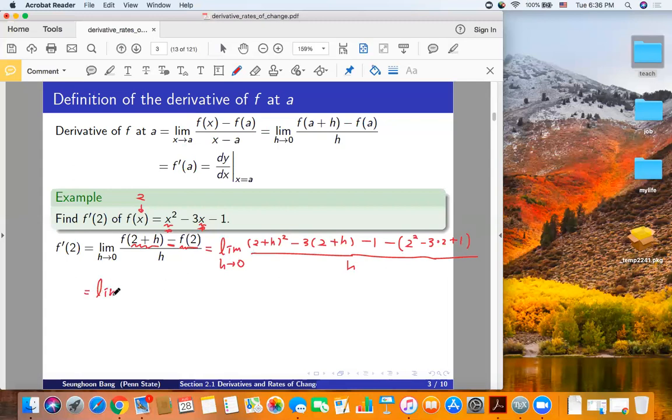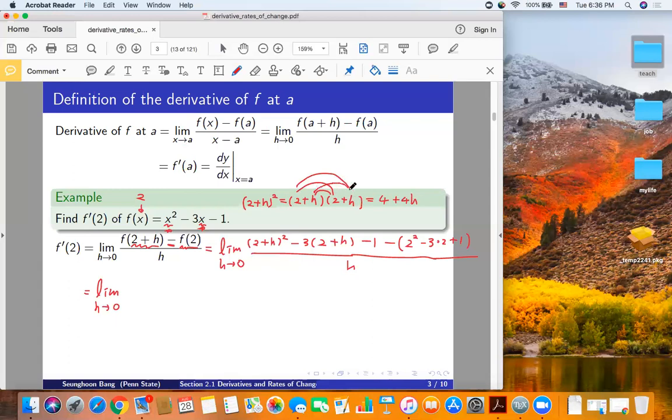Limit as h approaches 0. 2 plus h squared is 2 plus h times 2 plus h. I want to use the FOIL rule. 2 times 2 is 4. 2 times h is 2h, plus another 2h, so 4h.